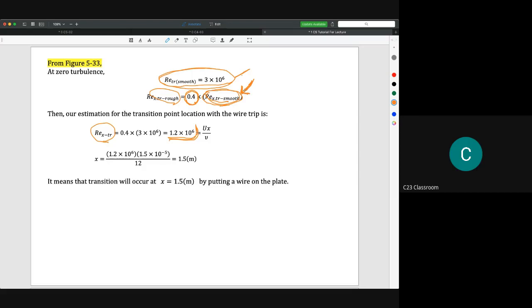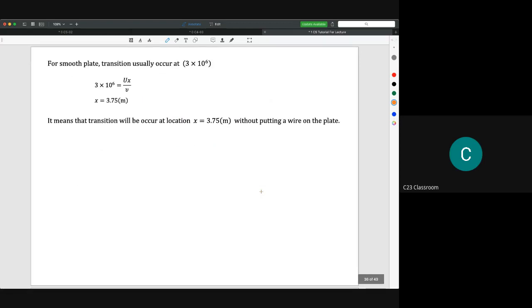So let's say we get the Reynolds transition as 1.2 times 10 to the power of 6. We equate it with the equation of Reynolds number, Ux over nu, and we get x as 1.5 meters. So we found that the transition actually occurs at 1.5 meters by putting a wire on the plate. For a smooth plate, the transition usually occurs at 3 times 10 to the power of 6.